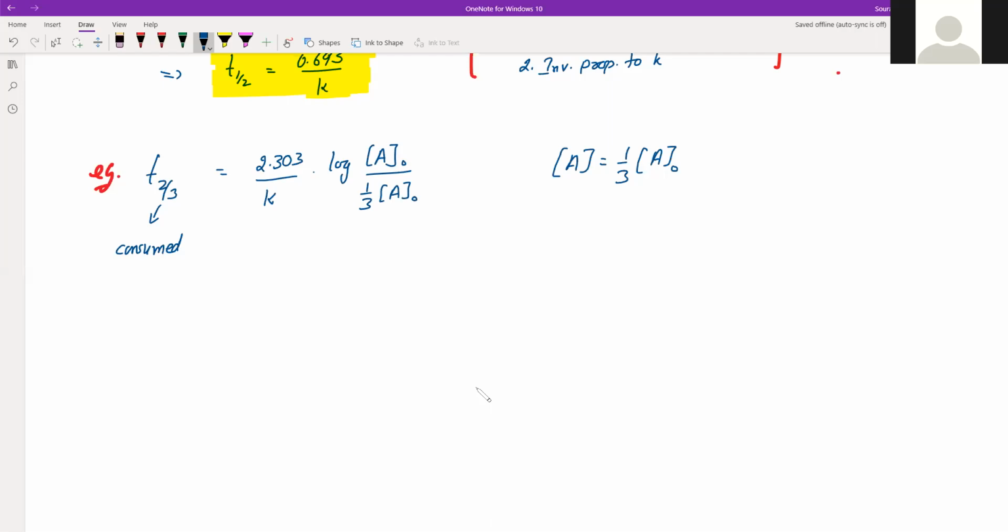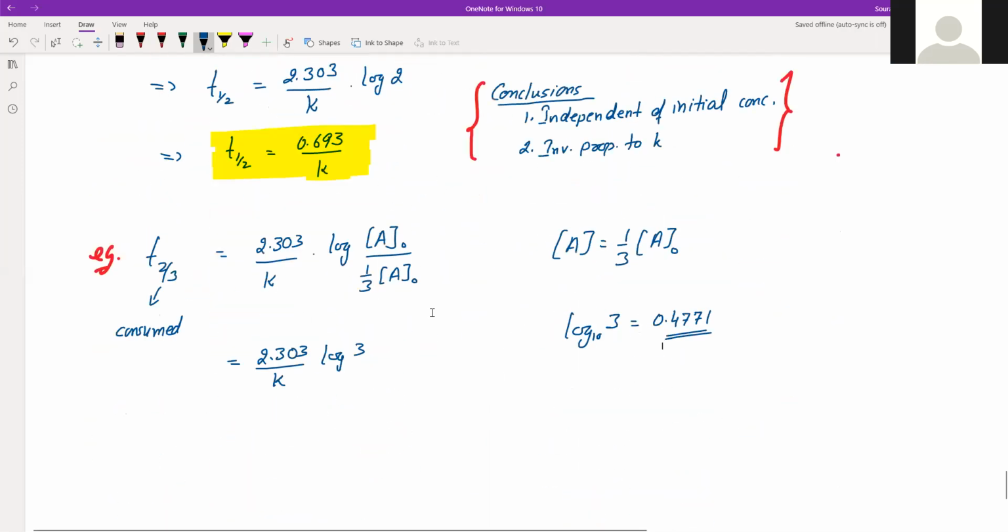So this will be equal to 2.303 divided by K into log 3, and log 3 to the base 10 is 0.4771. So you just have to substitute that. These are some common logs which we should know. So half-life questions we can solve, and we can also solve questions where it is not half but some other fraction of the initial concentration.